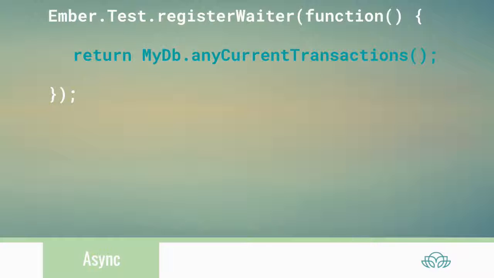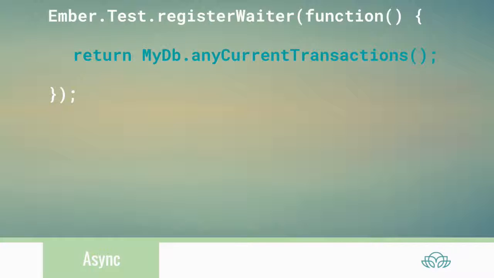So anything wrapped in an Ember RSVP promise, it's aware of the run loop, it's aware of a few other things, it's aware of jQuery Ajax, but there are some things it's not going to be aware of. So if you're using a different style database, you might want to check if there are any current transactions and wait for them to complete. And Ember might not be aware of this because it might be a third-party dependency, it might be an interesting integration with the backend, you never know.